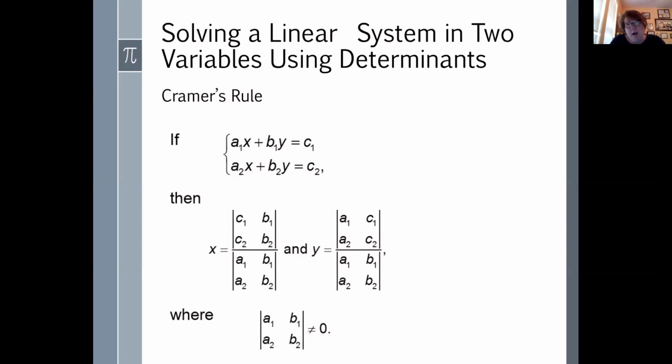The first column in my 2 by 2 matrix in the denominator is the coefficients on the x's, A1, A2. But in the numerator, I've replaced that x column with the constants. In y, I've replaced the coefficients of the y column with the constants. So we give these determinants names.